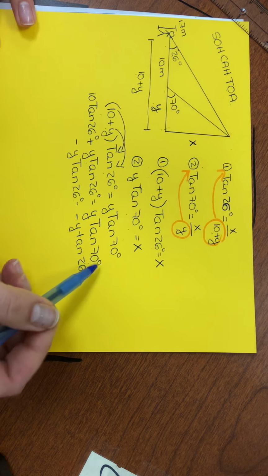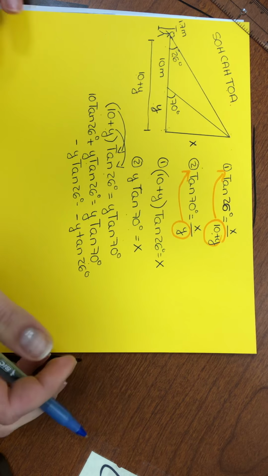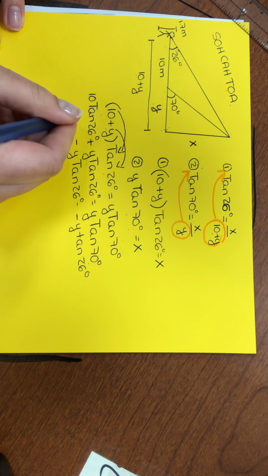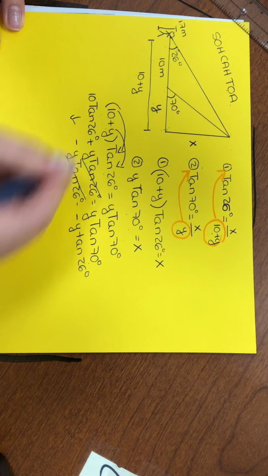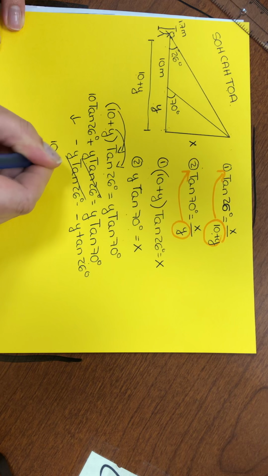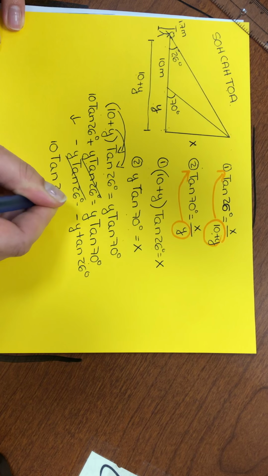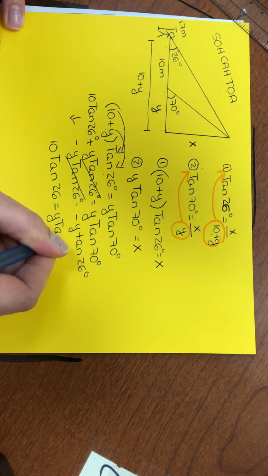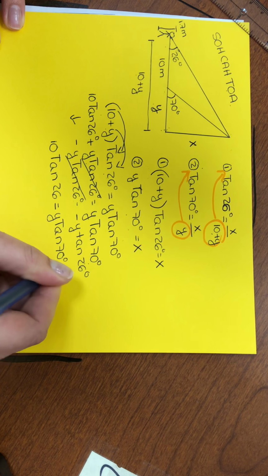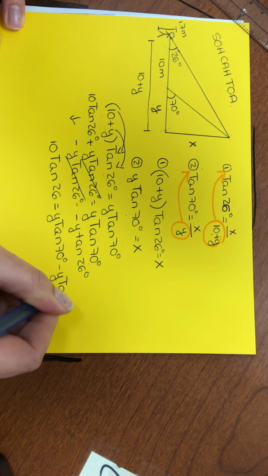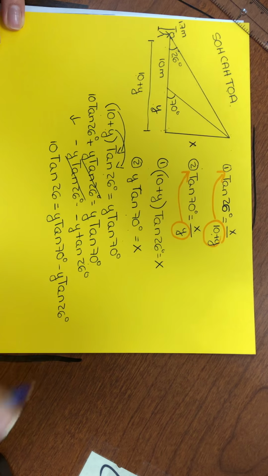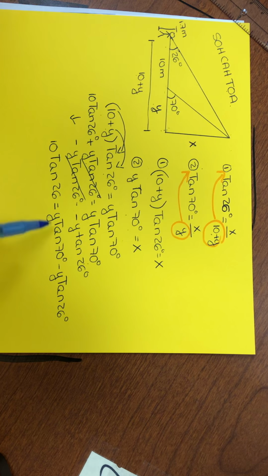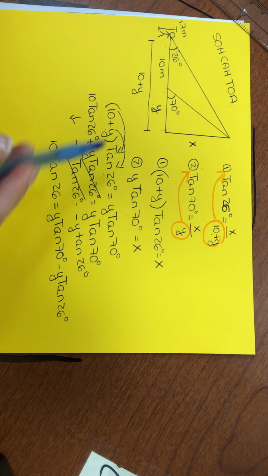It's not like you just do 70 minus 26. It doesn't work like that. So this one will go down, those two simplify, so 10 tangent of 26 will be equal to y tangent of 70 minus y tangent of 26. Okay? Now since they both have y in common, we can do the opposite of distributing.